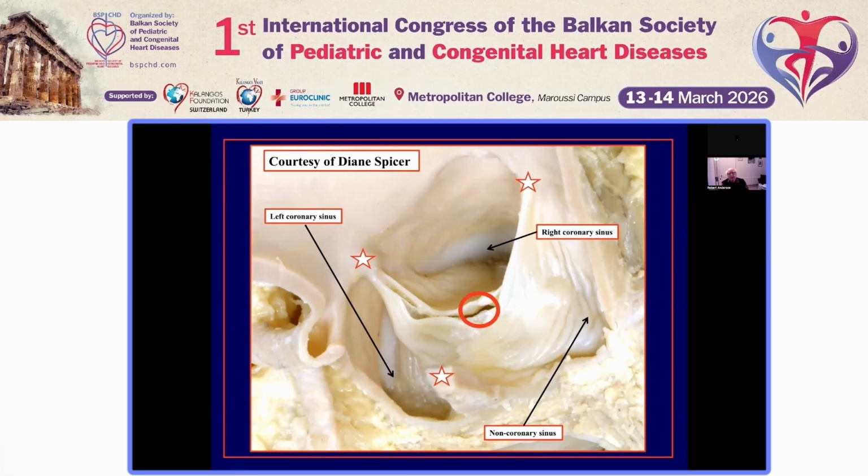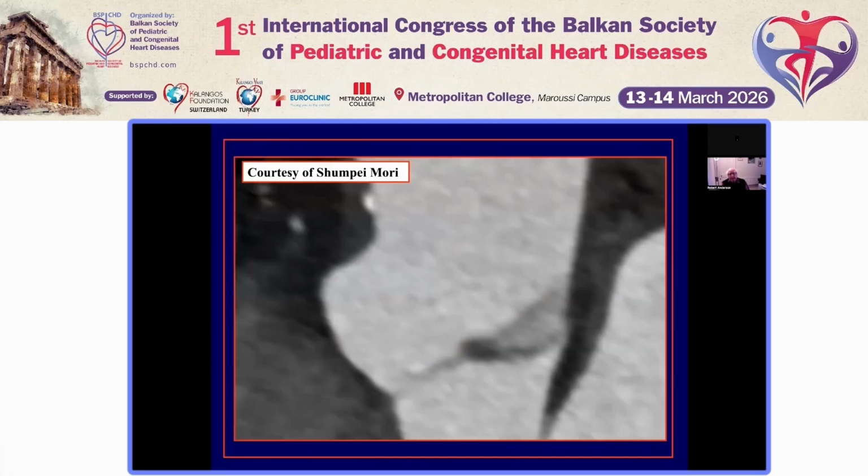And note that the centroid of the closed valve is well down within the root. And nowadays you can see this particularly well when you make computed tomograms, this time a two-dimensional one prepared for me by Shumpei. And I'll show you the level of the sinutubular junction and virtual basal plane.